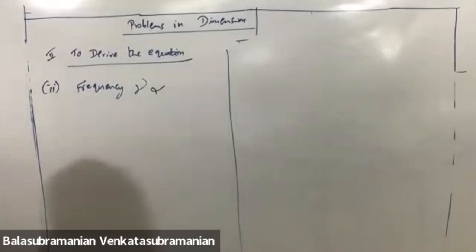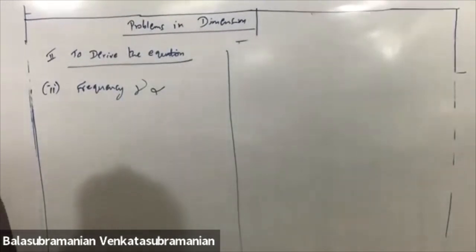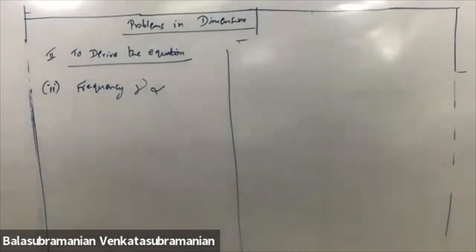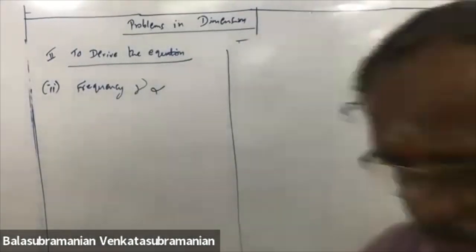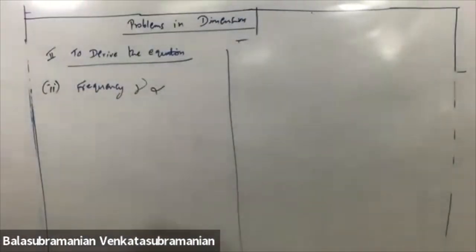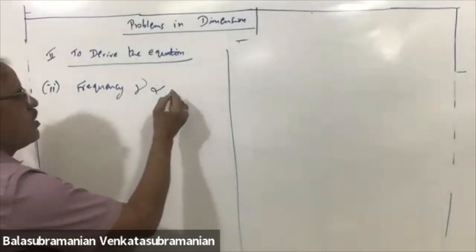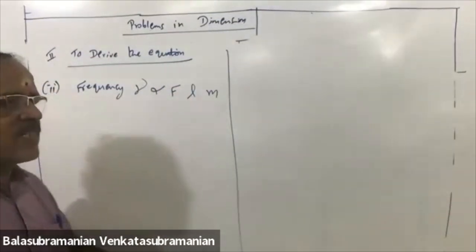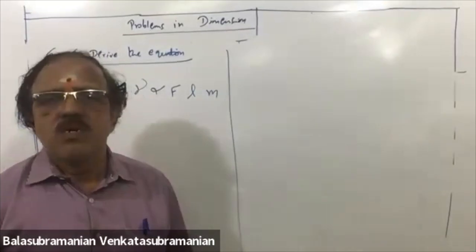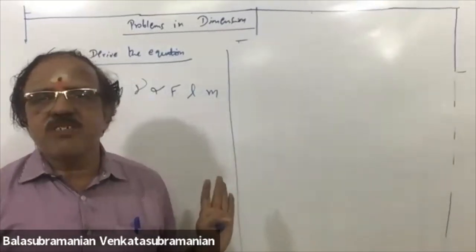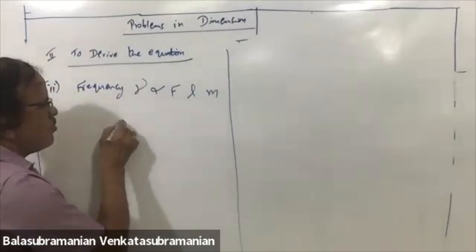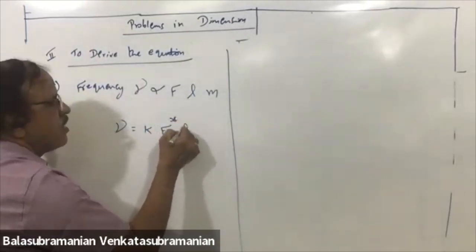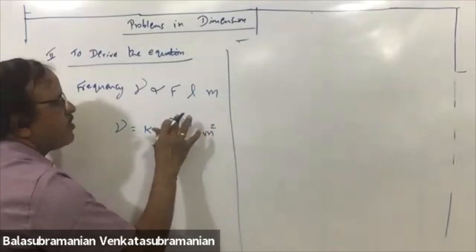So force, mass per unit length, and length of the string. Okay. So using this, we will do force, length L, mass per unit length M. You can straight away proceed to the dimensional formula, or you can put nu is equal to constant k, F power x, L power y, M power z.